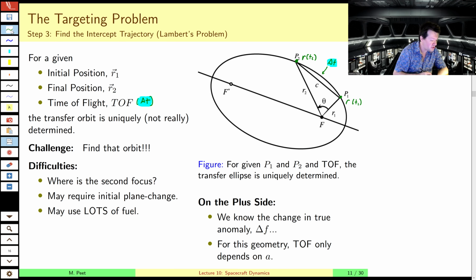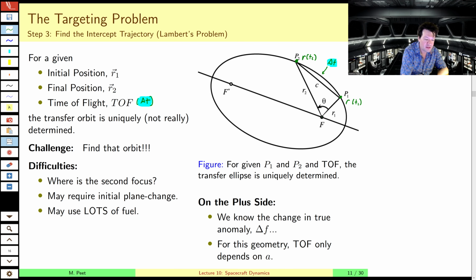We know a couple other things. So first of all, given R1 and R2, we can determine the orbital plane. We'll talk about that shortly. What we also know is the change in true anomaly between these 2 points.